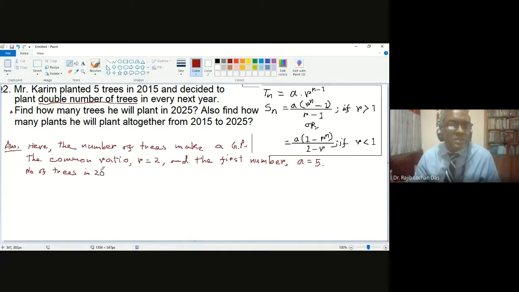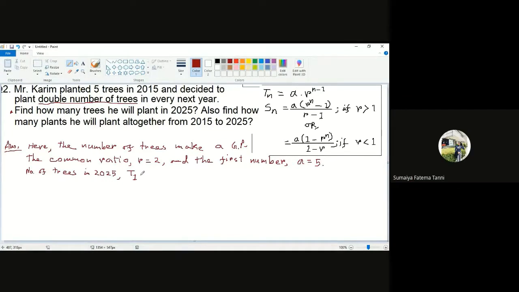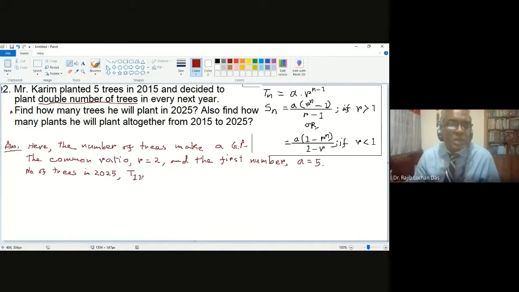Is it T10? Is it T11? Is it T9? T what? That is important. Tell me T what? So T11, T11 is correct. So how is it T11? Tell me how it is 11.